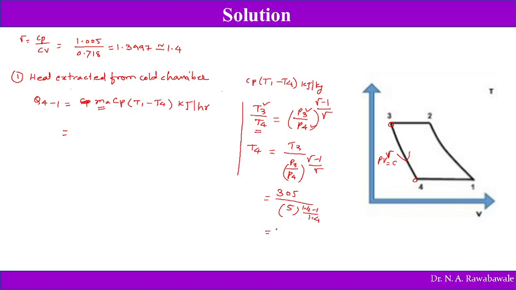So we simplify this, and it works out as 192.57 degree Kelvin.